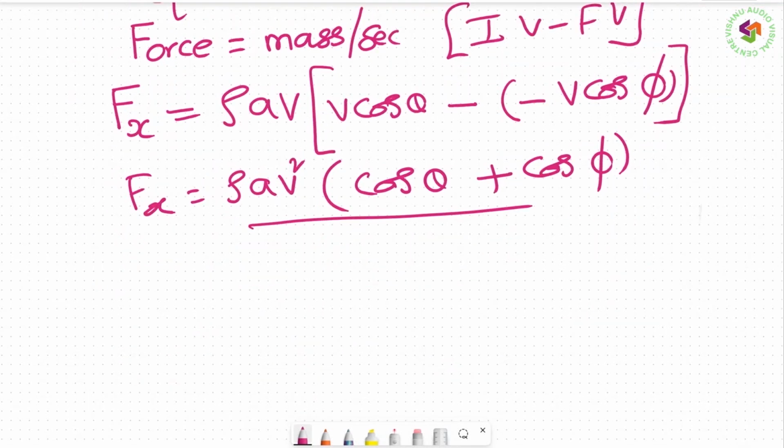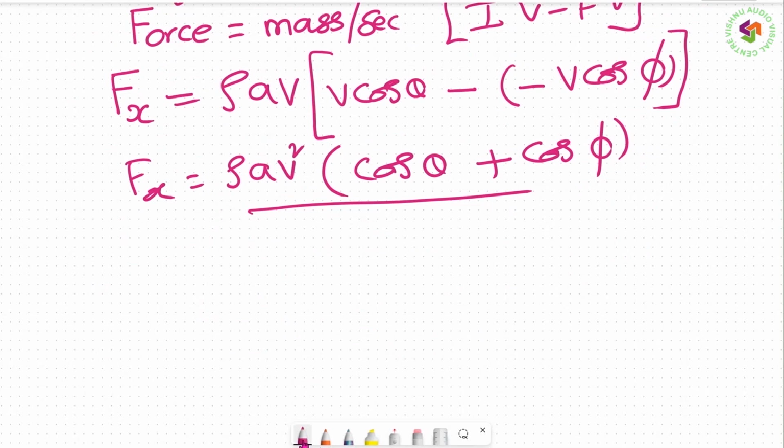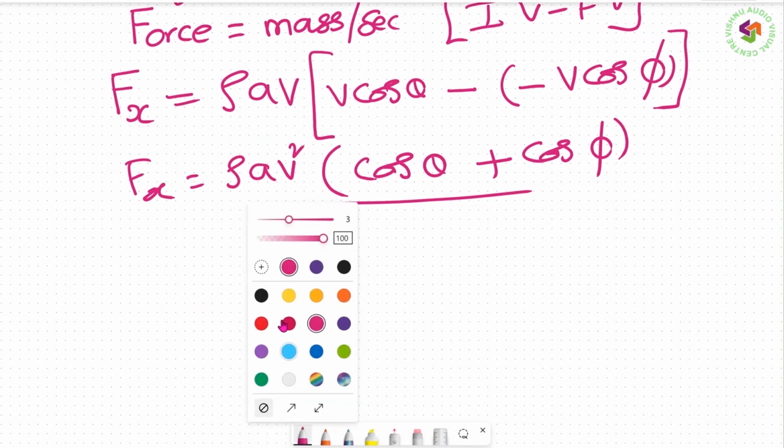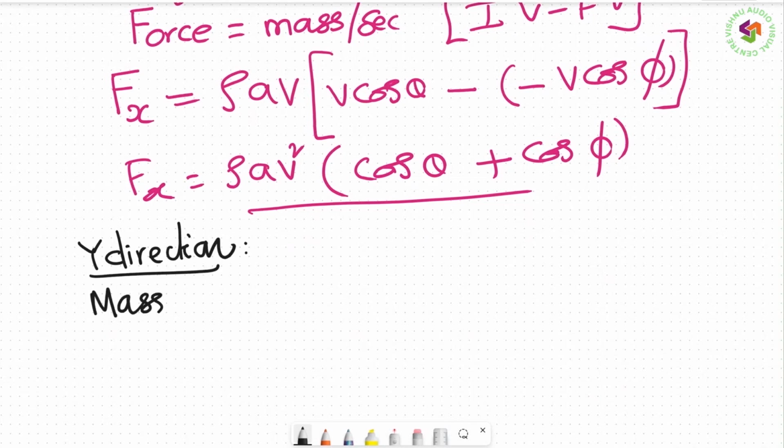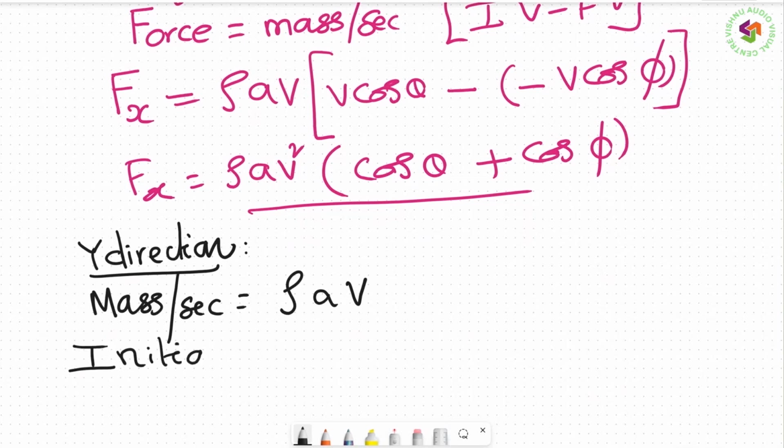Now let us go into the second case. Y direction. Mass per second is how much? Again same, it is rho AV, right? Then what is initial velocity?